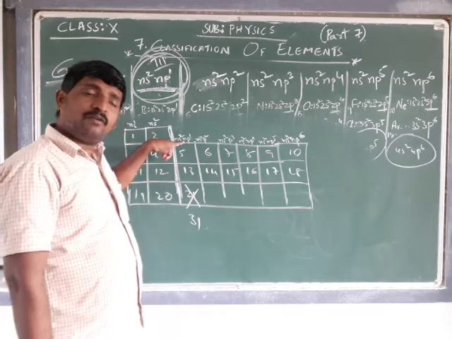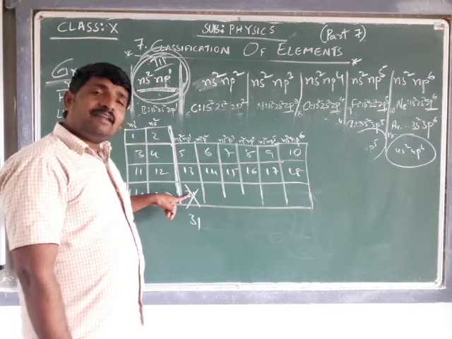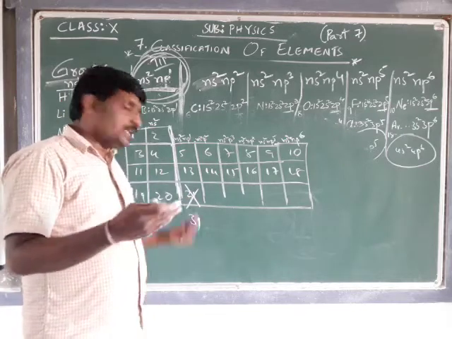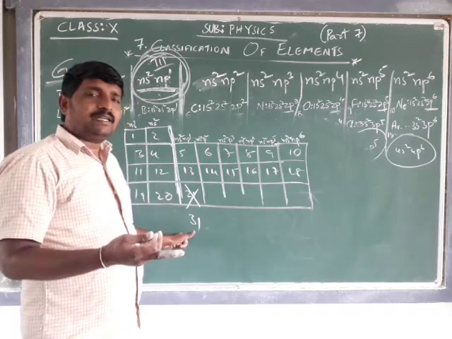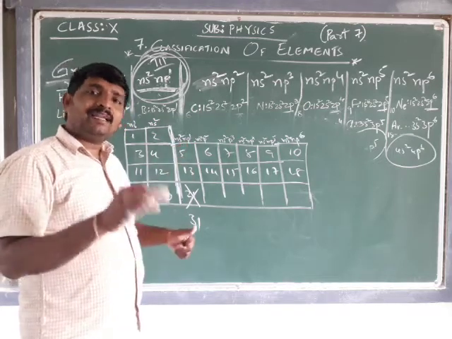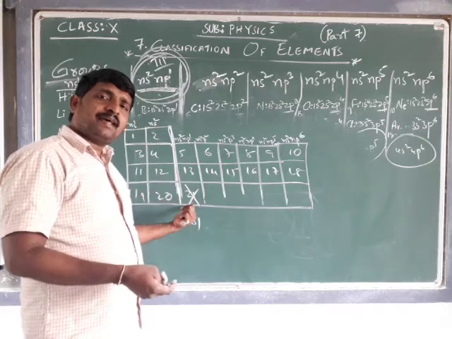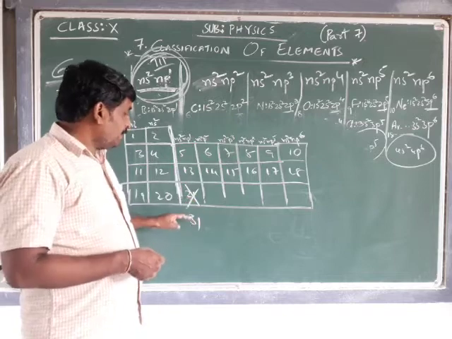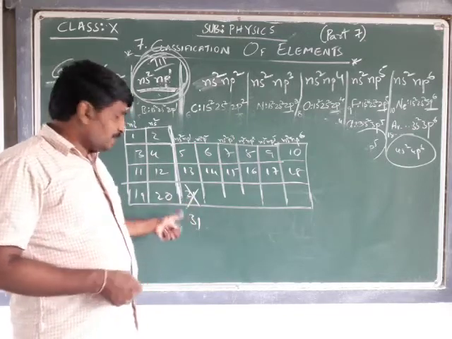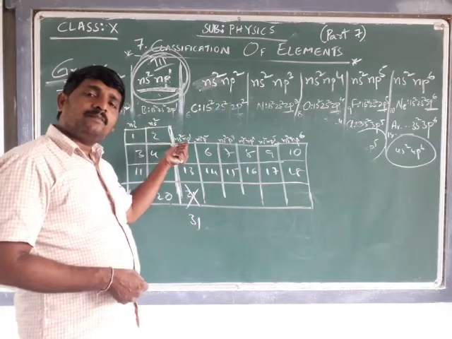The 21st is not matching the configuration, but it is as per the sequence of atomic numbers, while the 31st is not as per the sequence of atomic numbers, but it matches the electron configuration.